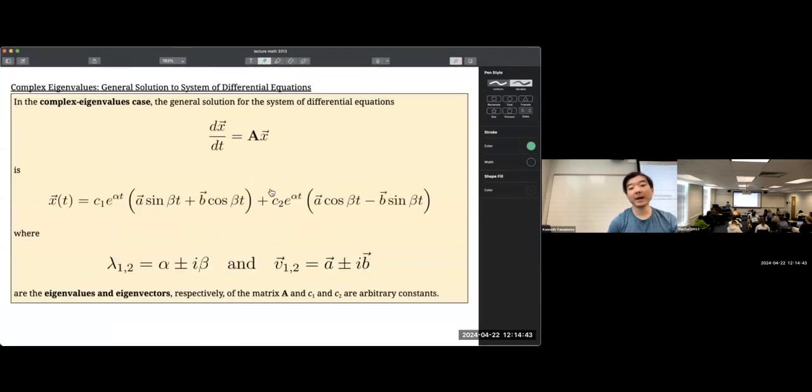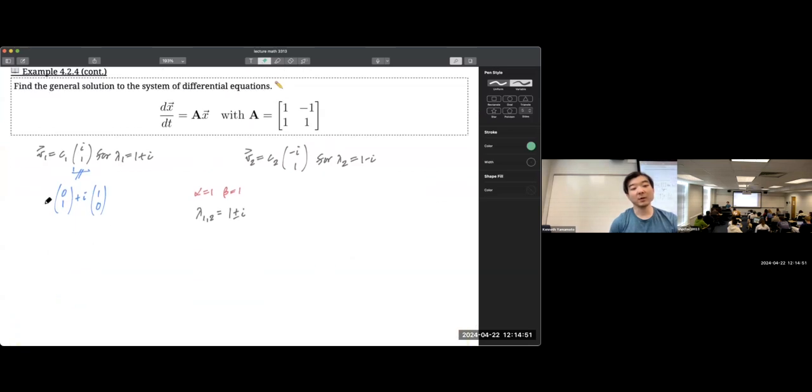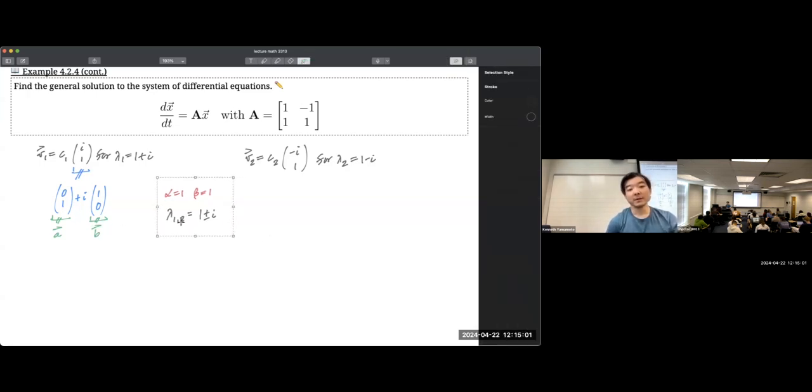And in the formula we had up here, I'm saying V1, V2, the real part is vector A and the imaginary part is vector B. So when you do this, this is your vector A, the real part of the eigenvector, and this is the imaginary part of the eigenvector. So that's how you split. And so here, it's also consistent with this one right here.